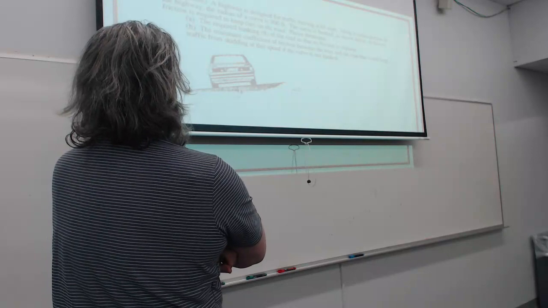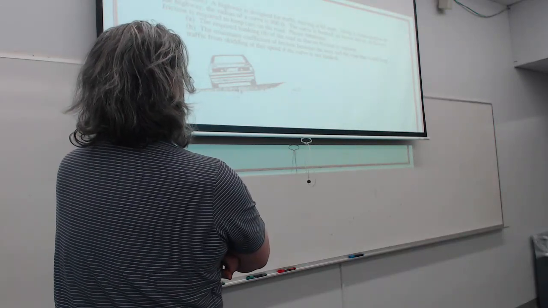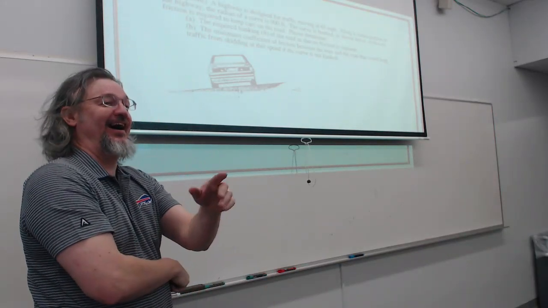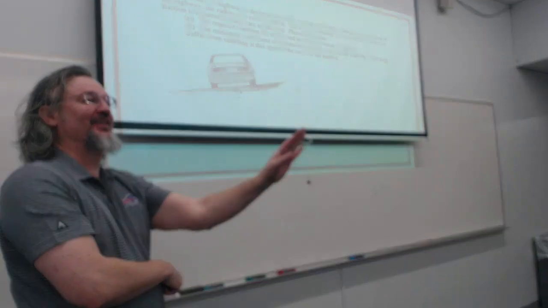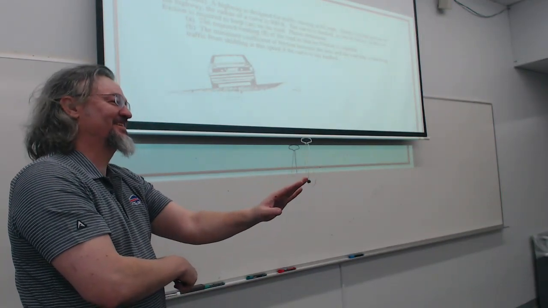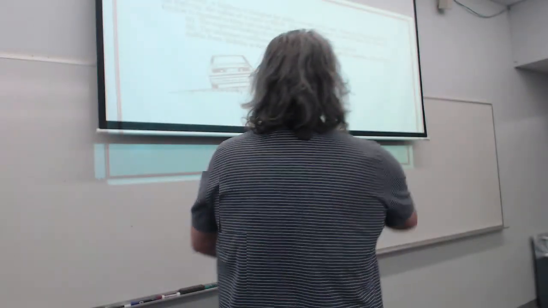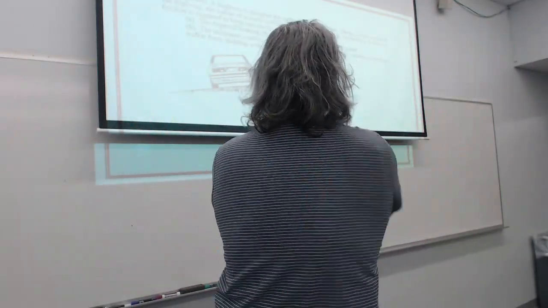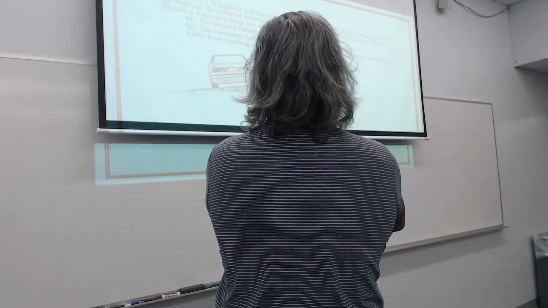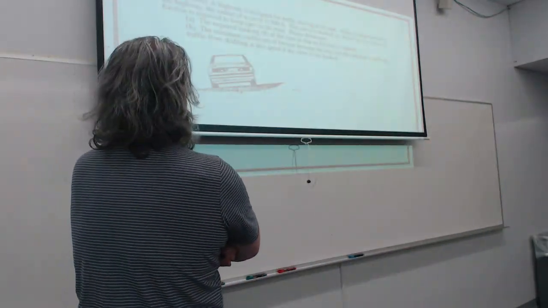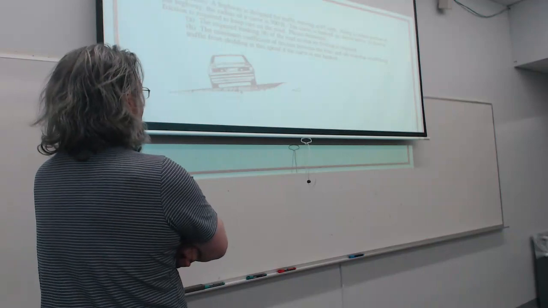A highway is designed for traffic moving at 65 miles per hour. Along a certain portion of the highway, the radius of curvature is 900 feet.